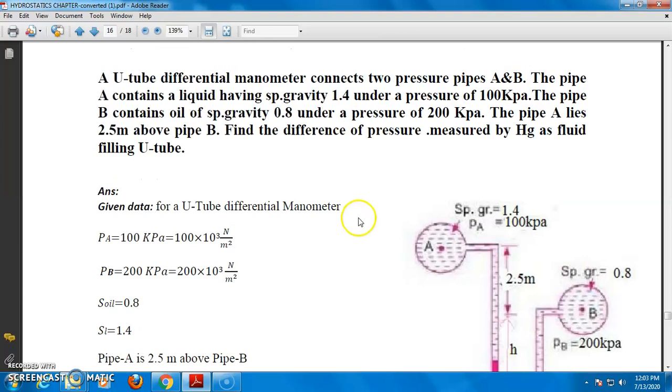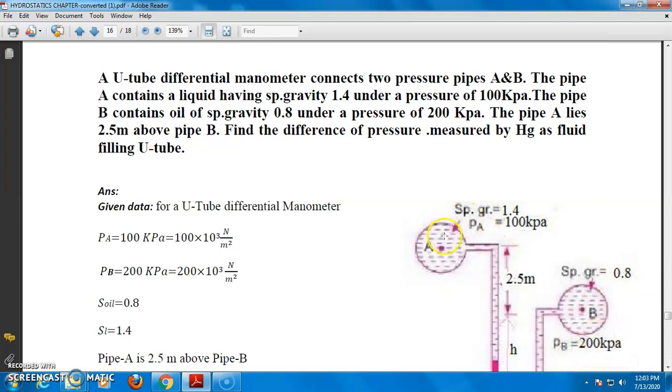The question says the pipe A contains a liquid having specific gravity 1.4. This is pipe A, and the pressure is 100 kilopascal. Then pipe B contains oil whose specific gravity is 0.8 and pressure is 200 kilopascal.